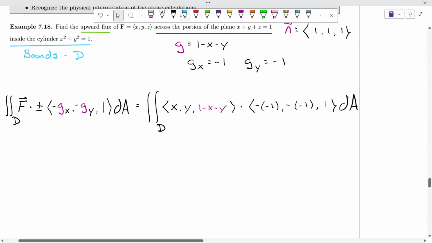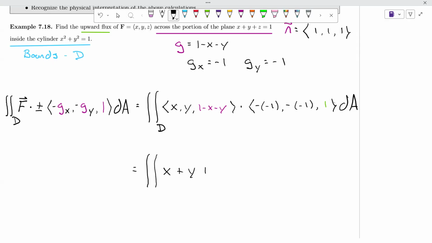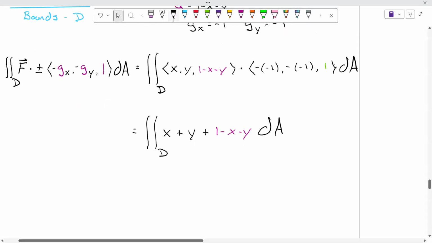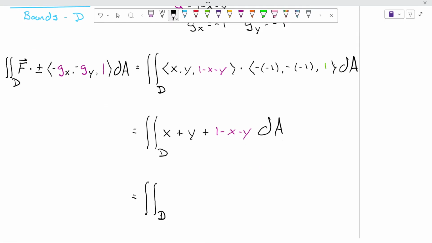But all right, let's go and try to integrate this thing. Upon simplifying that dot product, what do we get? We'll get x plus y plus 1 minus x minus y. Might as well write that all out: 1 plus x plus y plus 1 minus x minus y, dA over the region D, which is the double integral over the region D of 1 dA.